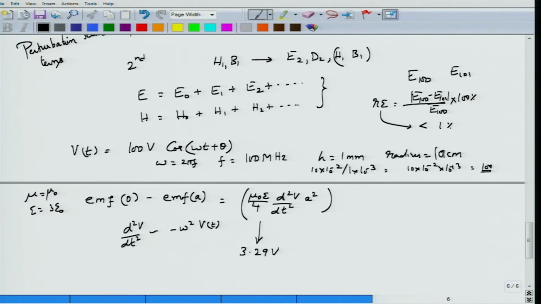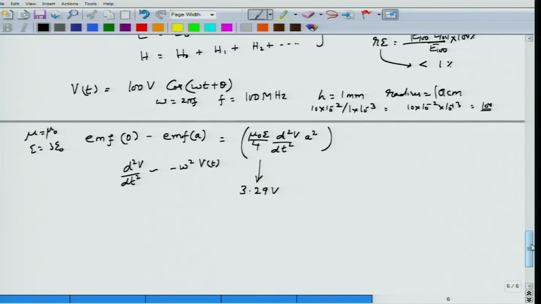The applied voltage you have assumed is 100 volts, whereas the difference turns out to be 3.29 volt across the capacitor. So, the EMF here is 100 volts, and the EMF here is 100 minus 3, which is say 97 volts. This difference is 3, which I am approximating, of course.